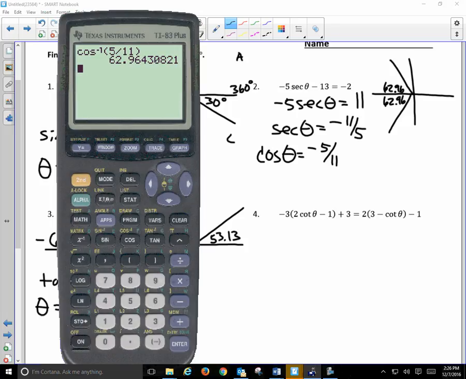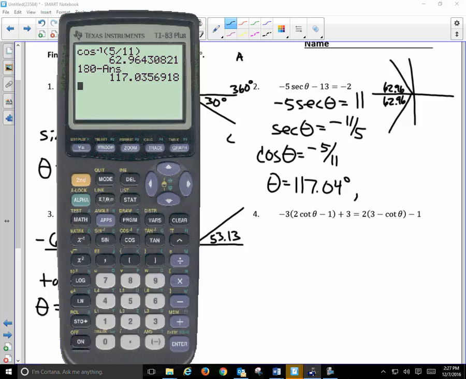So how do I figure out those actual angles? So the negative I use to determine which quadrants I'm in. So go 180 minus 62.96. We get 117.04 degrees.